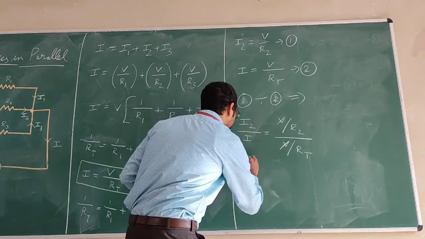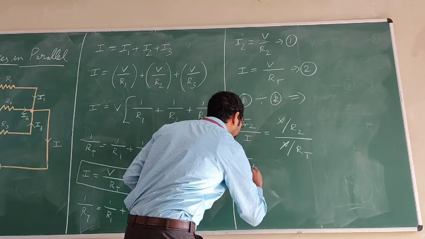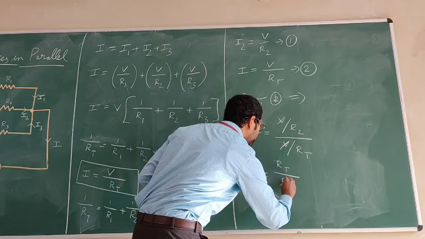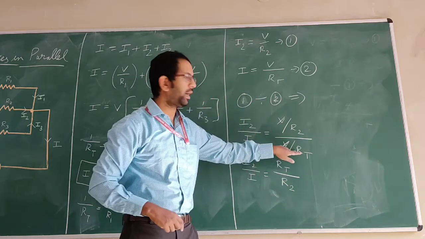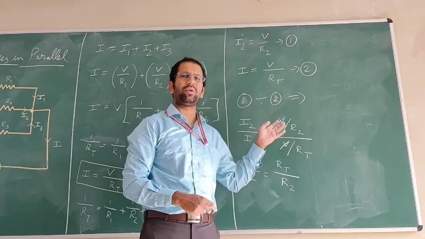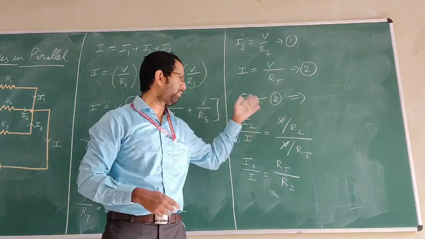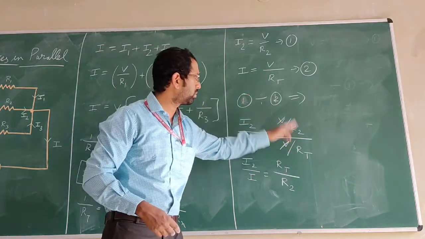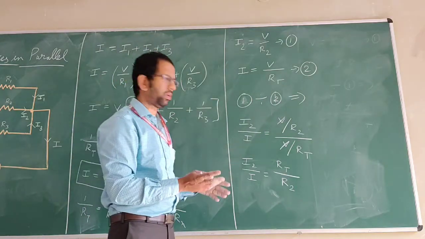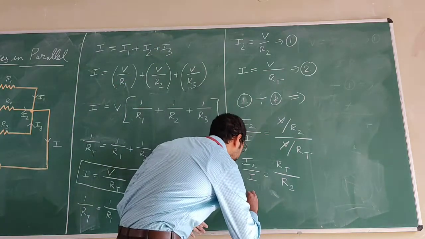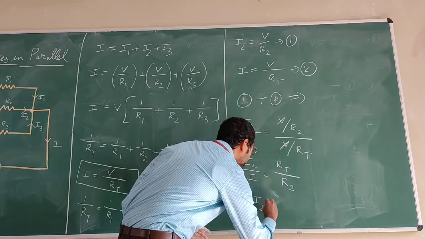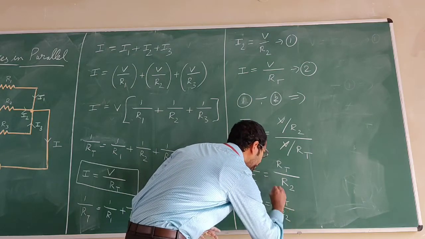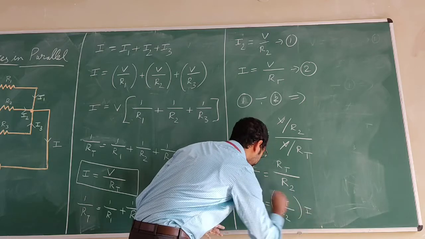So you have exactly I2 by I is equal to RT divided by R2. Understand? Fractions, what you see: RT by R2. You can see the denominator goes to the numerator, basic mathematics. So therefore, I2 is equal to RT by R2 into total current.